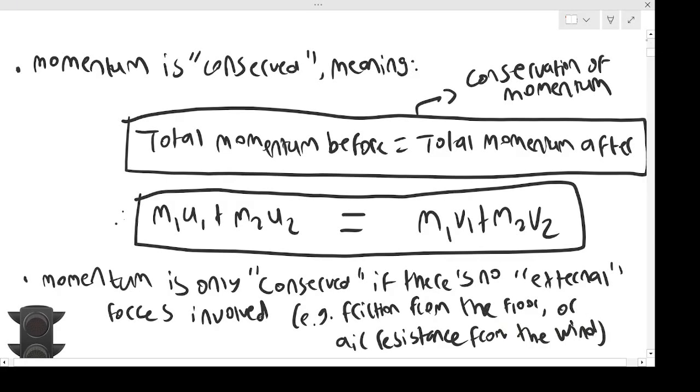So that's the sort of assumption we make with all these problems, is that there's no external forces, so no friction, no air resistance, nothing that's affected from anything else. So there we are.